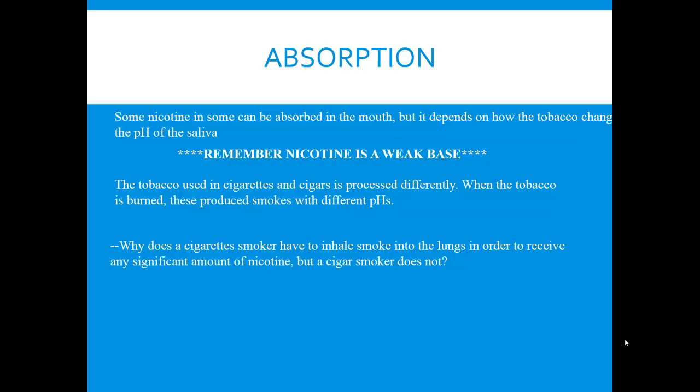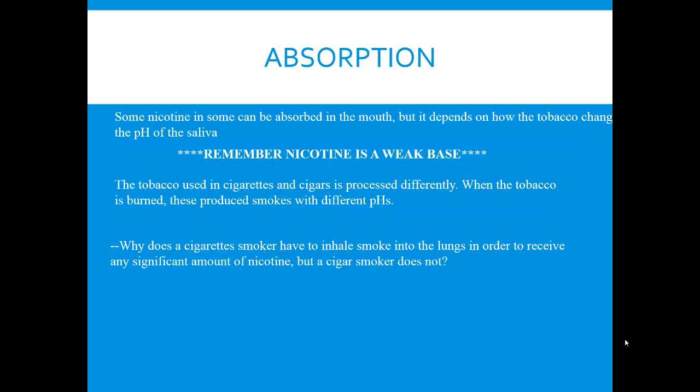So the smoker has to inhale the smoke containing the nicotine into the lungs, where there's going to be less of an effect of the smoke on the pH of the lungs, but they have to inhale that smoke into the lungs in order to get a significant amount of nicotine absorption.